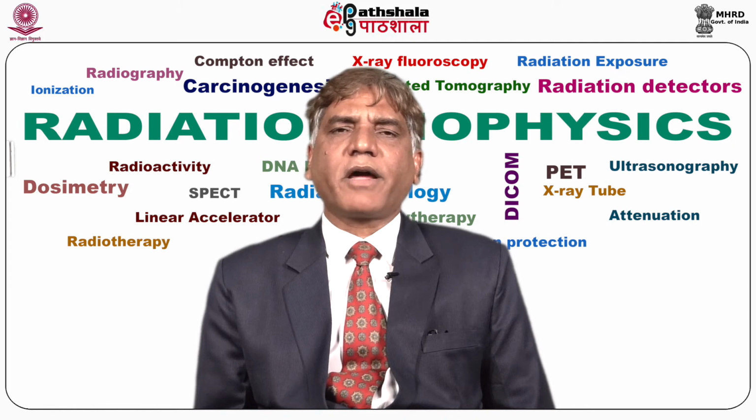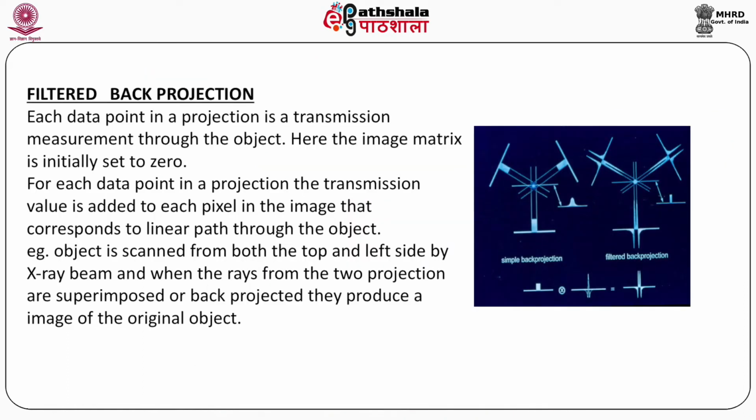However, in simple back projection, the image of the object is not projected accurately. There is some degradation, especially near the periphery of the image. For example, if you want to see an image of a spherical object, when the image is formed using simple back projection, the image of the spherical object will look like a star-like pattern.